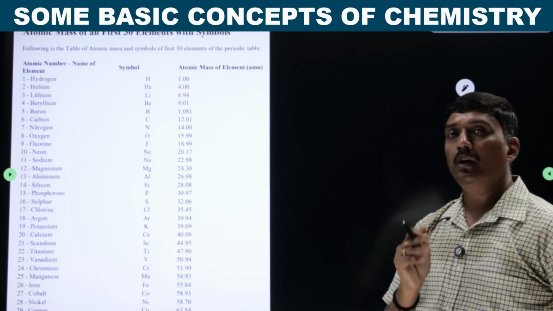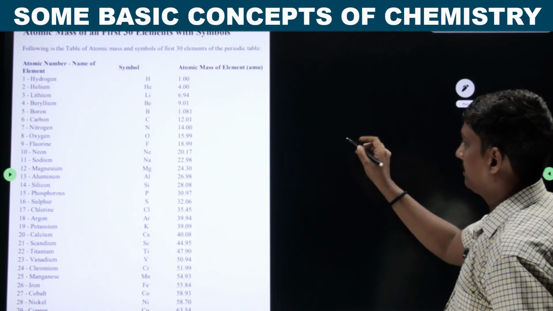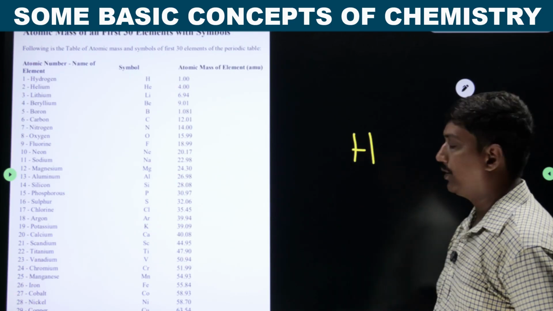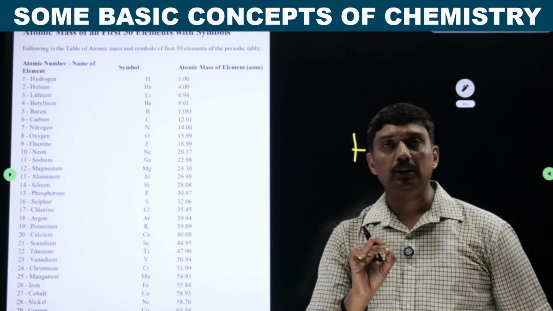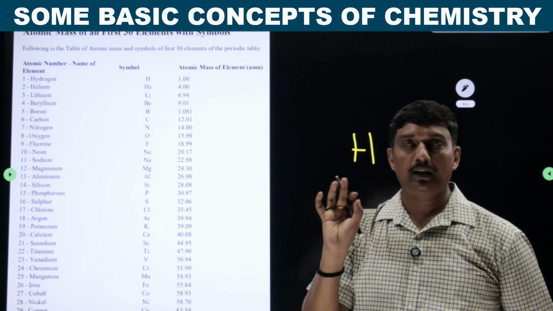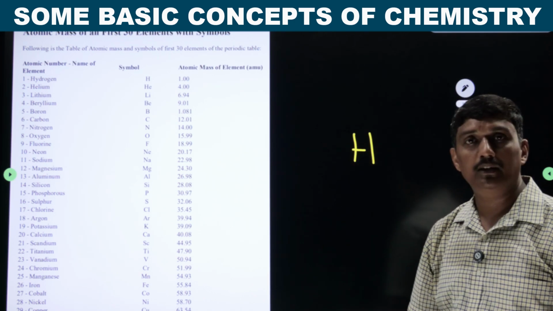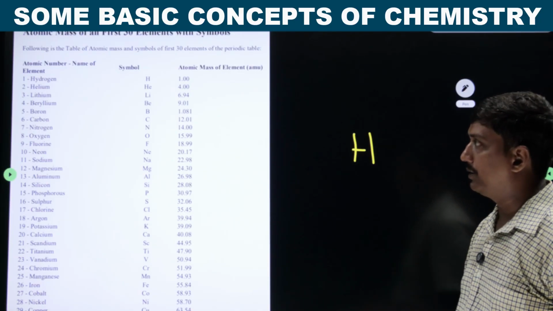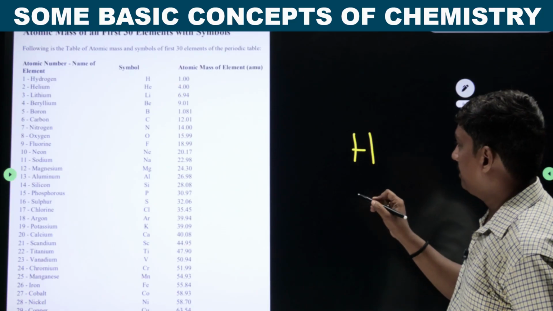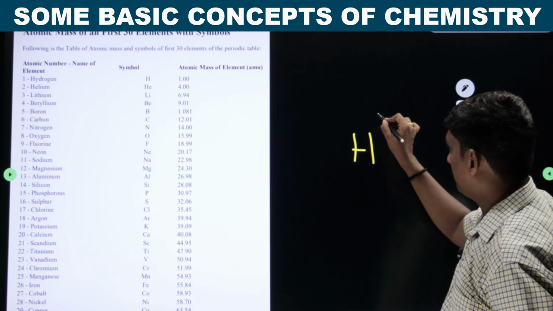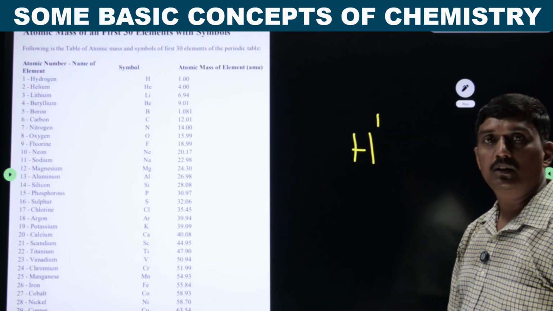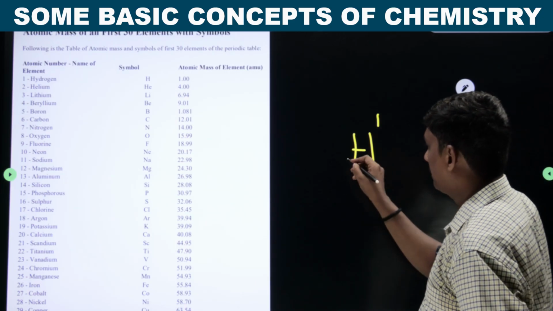Look here. Take any atom, for example, hydrogen. Hydrogen is symbolically written as H. This is the first element in the periodic table. We write it like this, H with 1 and 1.